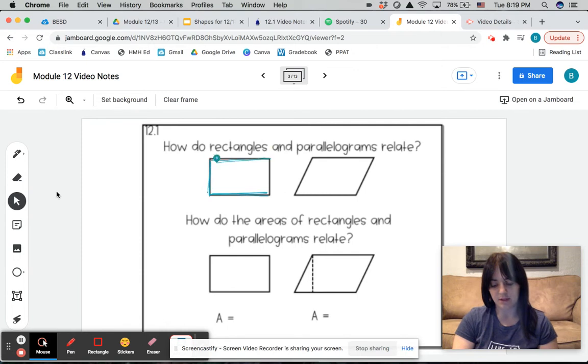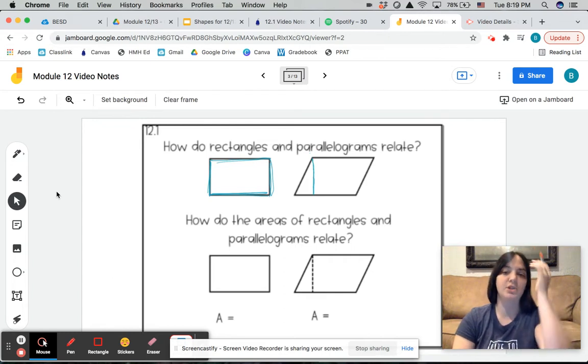here, and here. Now, we can get this shape from the parallelogram right next to it, and I'm going to show you how. If we draw a line coming straight down like this. If I were to cut my parallelogram right at that straight line, mine's a little bit curved, but it should be straight, and we take this triangle, and we put it over here.